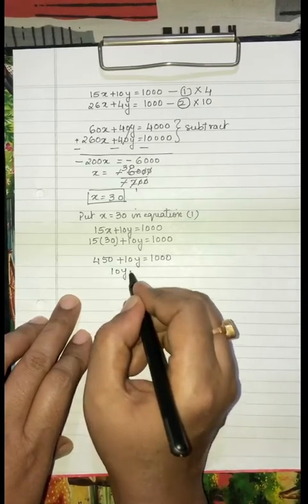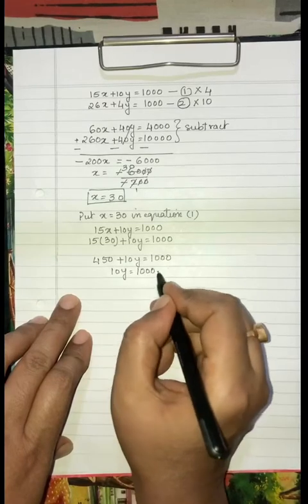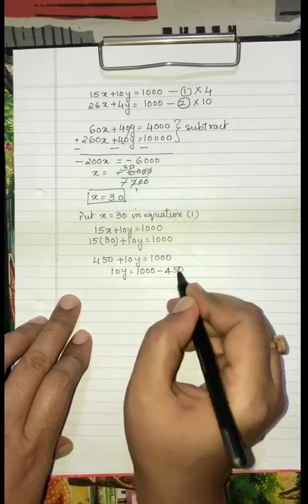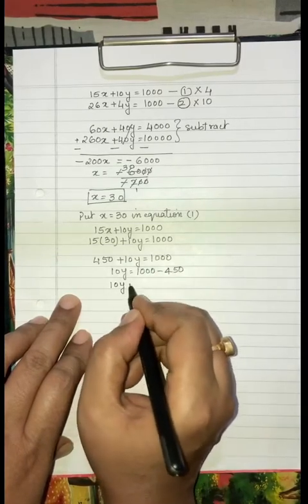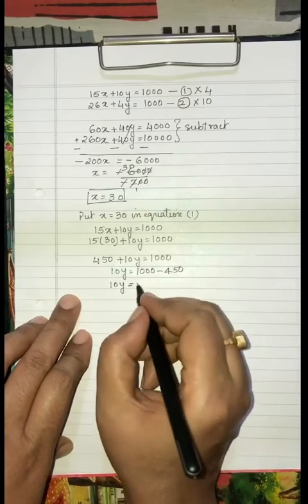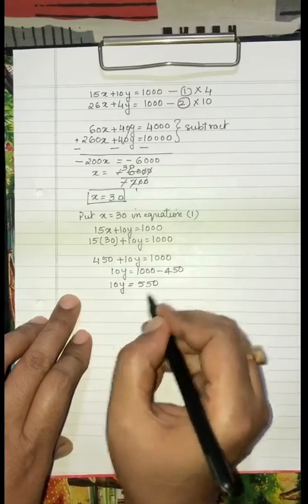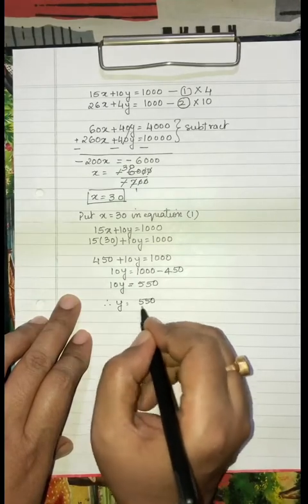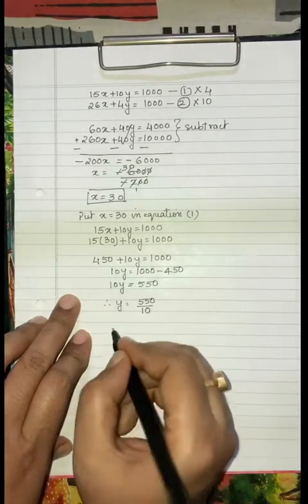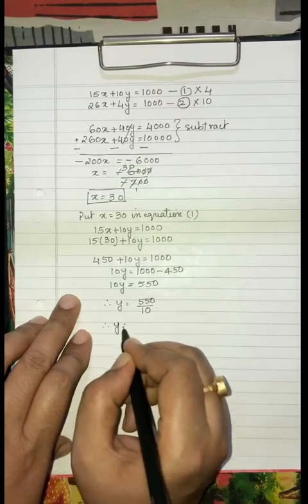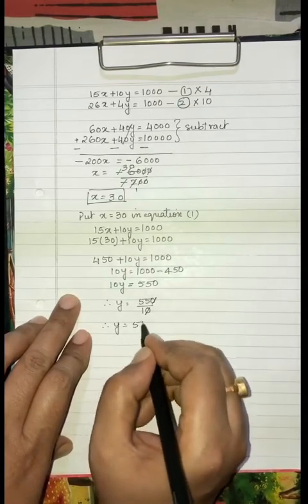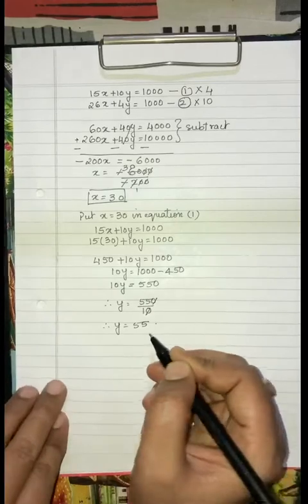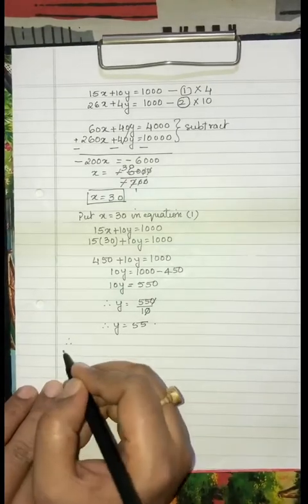So 10y is equal to 1000 minus 450, that gives us 550. Therefore y is equal to 550 upon 10, or y is equal to 55. So what did you consider first, children?